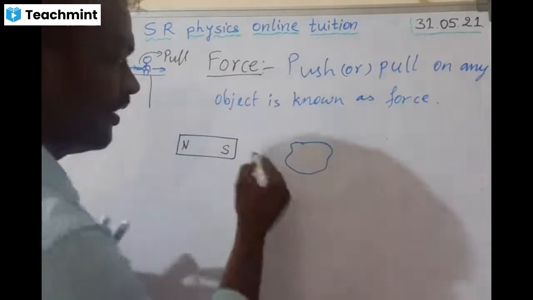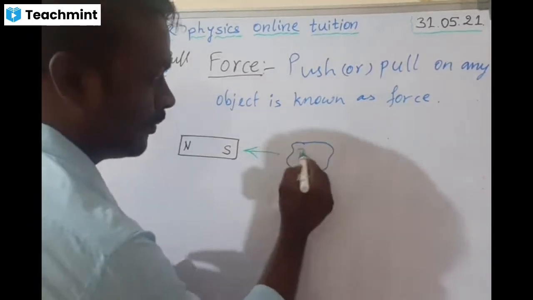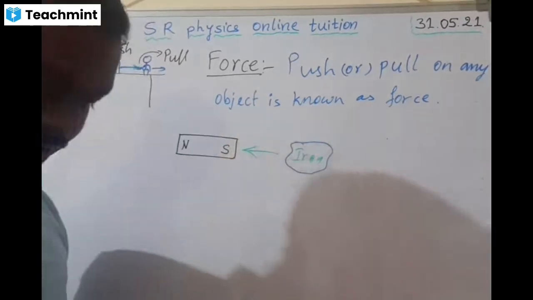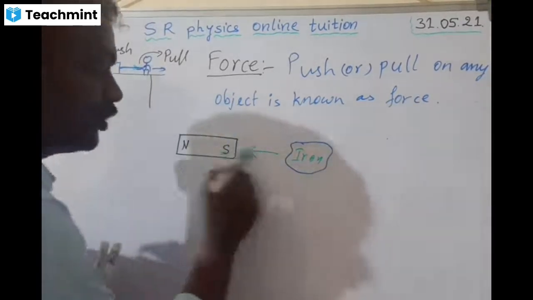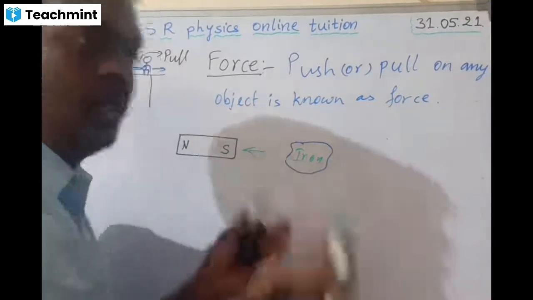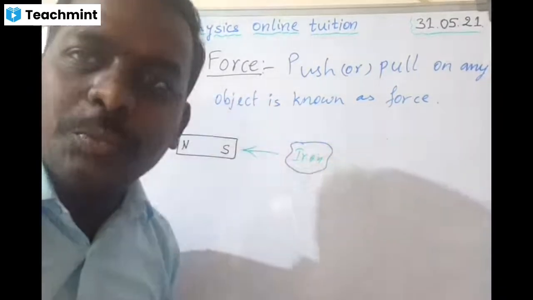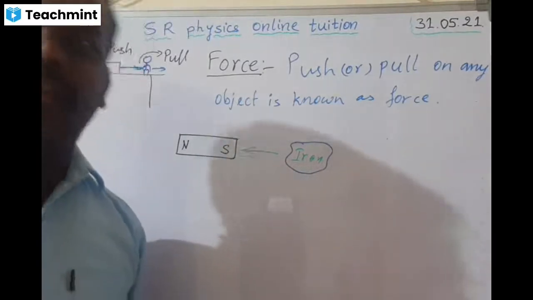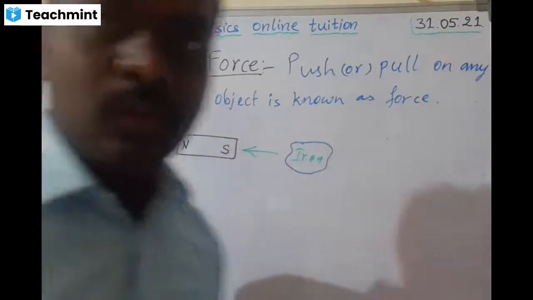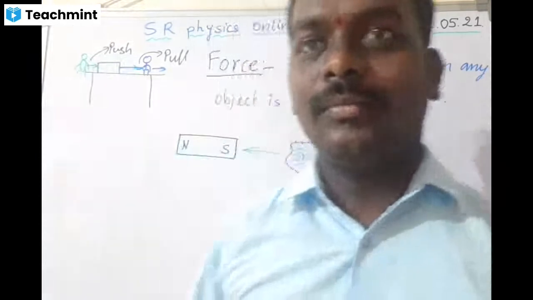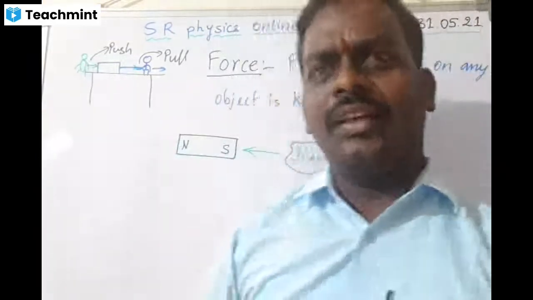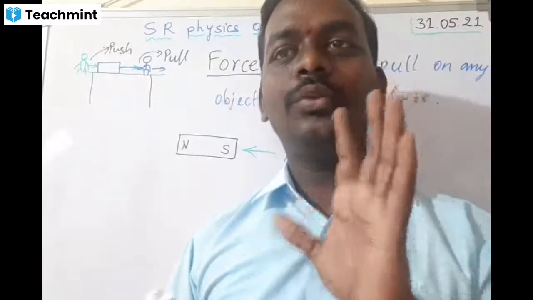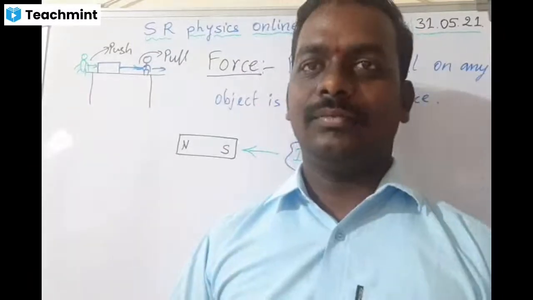So this iron object is going to get attracted towards the magnet, isn't it? Here these two are not in contact, though the iron is being attracted to the magnet. Is it clear? So how is it possible? Definitely, if you want to shift or change anything, we have to have some contact with that object.